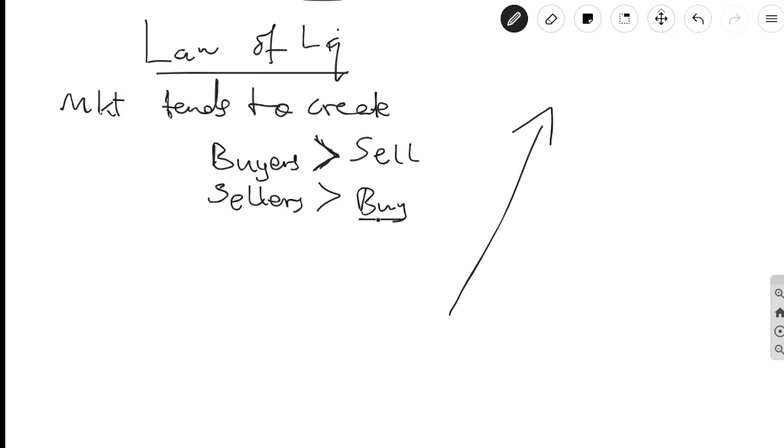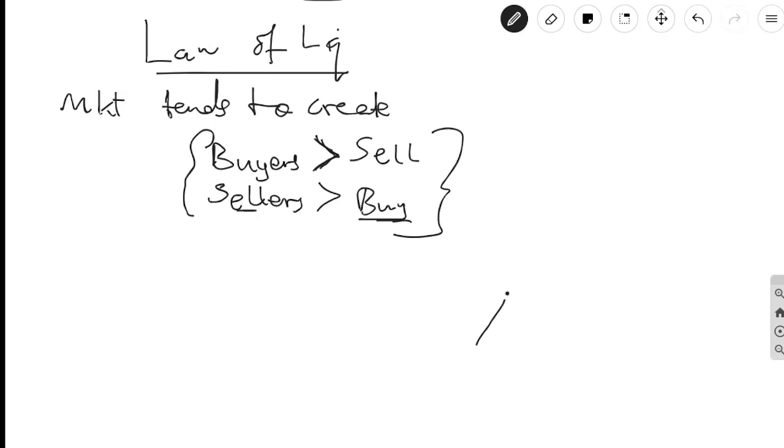But for the price to buy, it needs sellers. How does the market create these scenarios in the chart? It's simple.